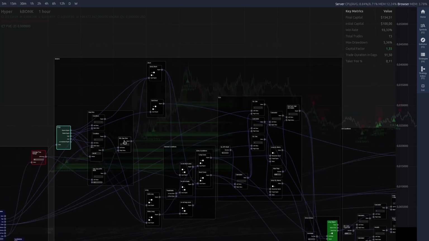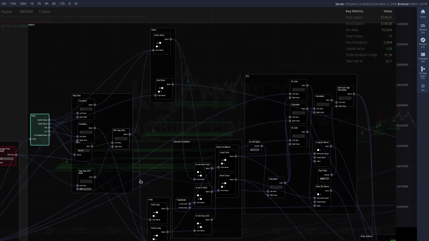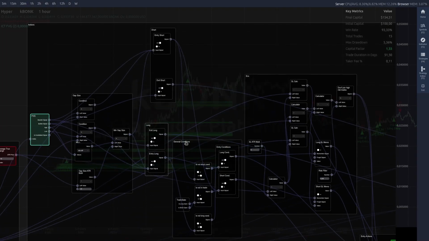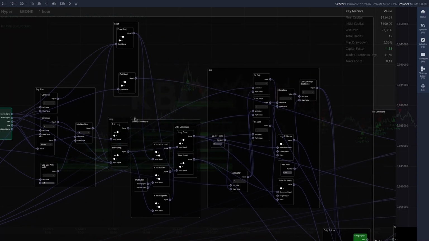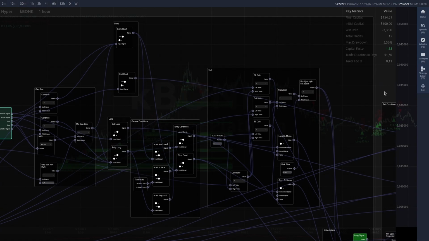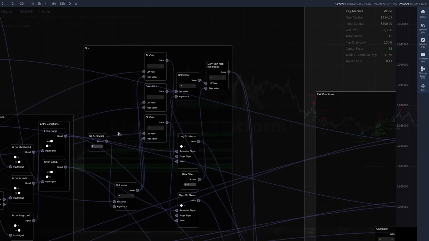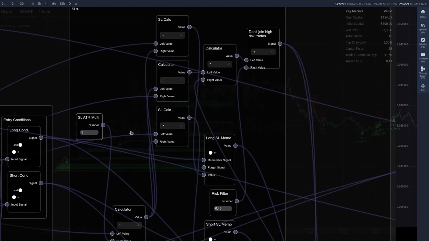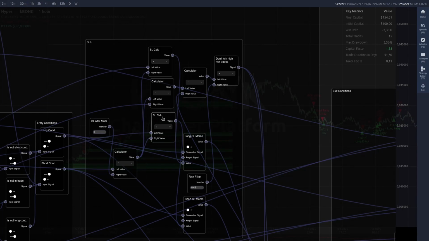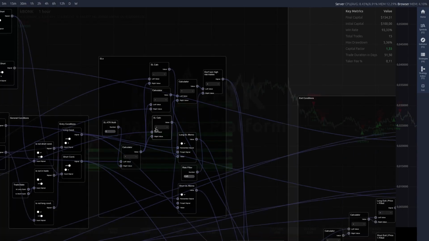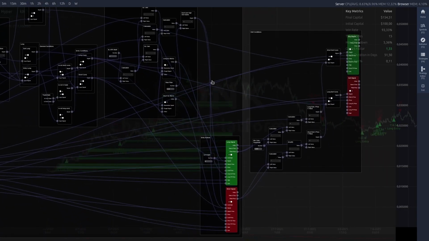Just for the entry I prefer to have this minimum gap size, and the same for the long entry. Some general conditions to avoid some chaos, I can explain later in a personal chat if you want. I have my stop loss ATR multiplier, which says that my stop loss needs to be at about 3 times my multiplier, and some calculations.